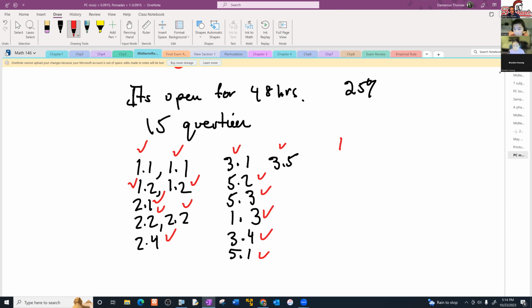I could have created a stem plot. I could have done a 1, 1, 2, 2, 3. That's 5 questions from chapter 1. And then 1, 2, 2, 4.